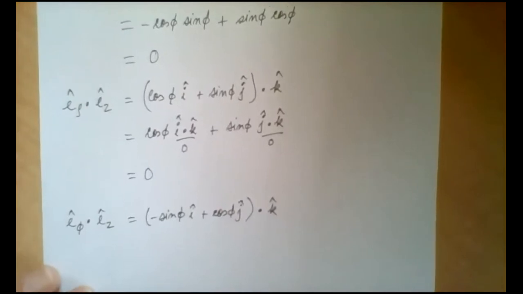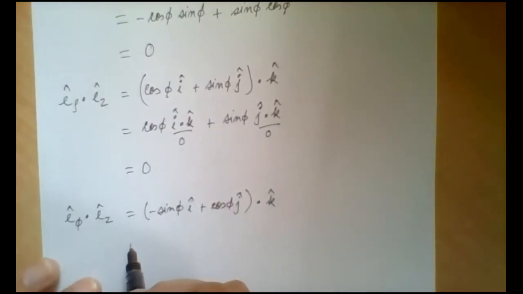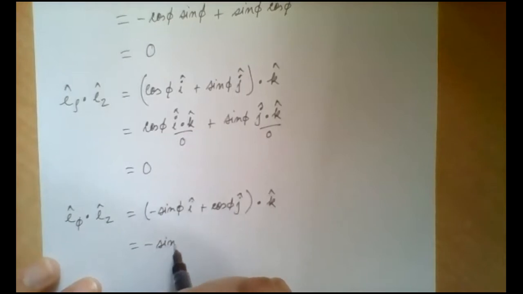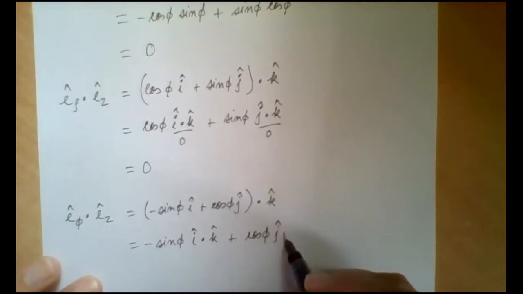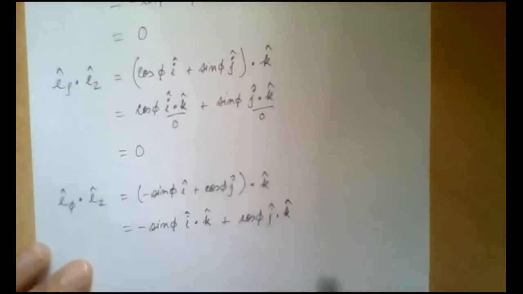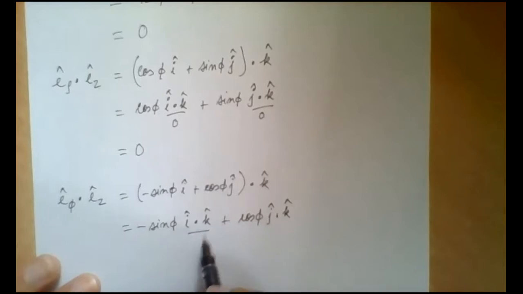Ez is k hat. So this is equal to minus sin phi i hat dot k hat plus cos phi j hat dot k hat. i hat and k hat are perpendicular, so this is 0. j hat and k hat are perpendicular, so this is 0.